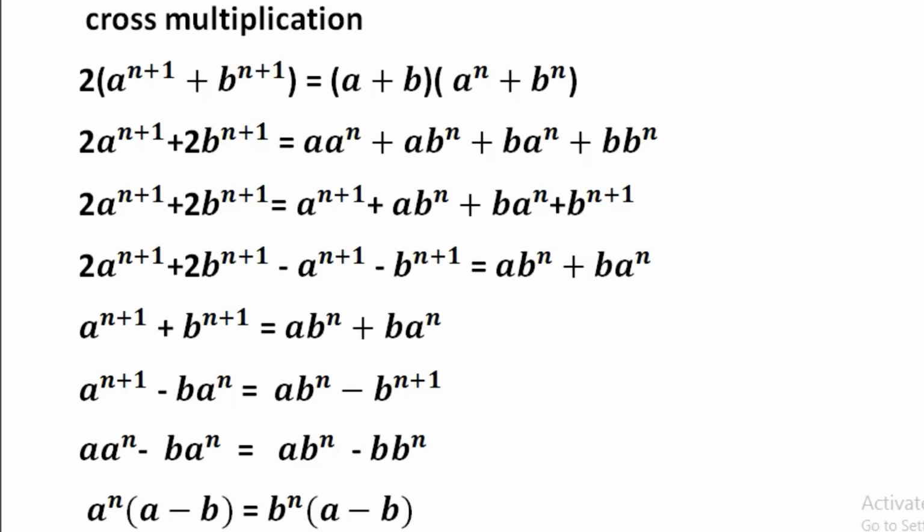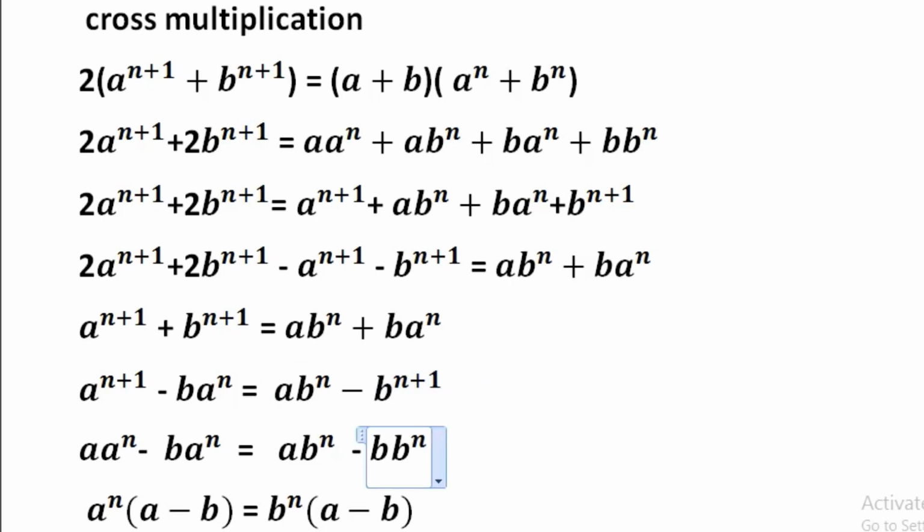So a power n plus 1 can also be written in the form of a power n into a, minus b a power n as it is, equal to a b power n as it is, minus b power n plus 1 can also be written in the form of b power n into b.